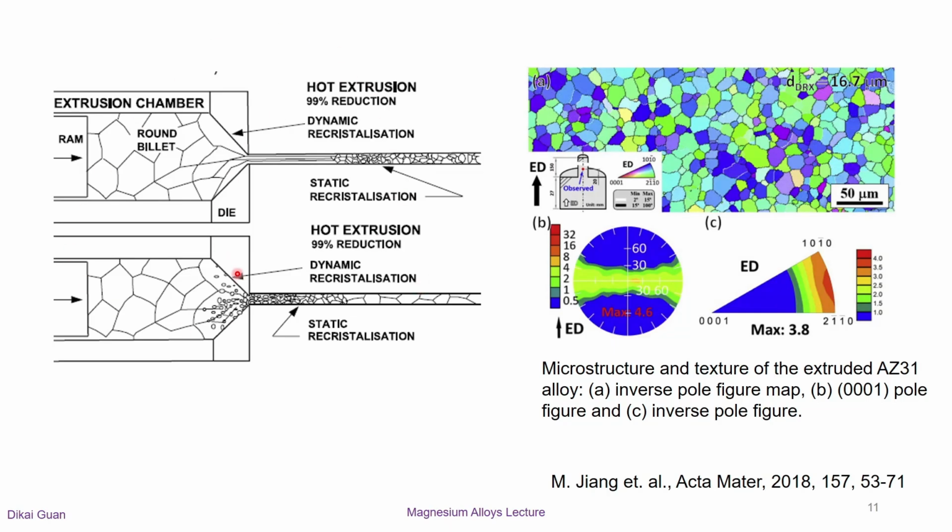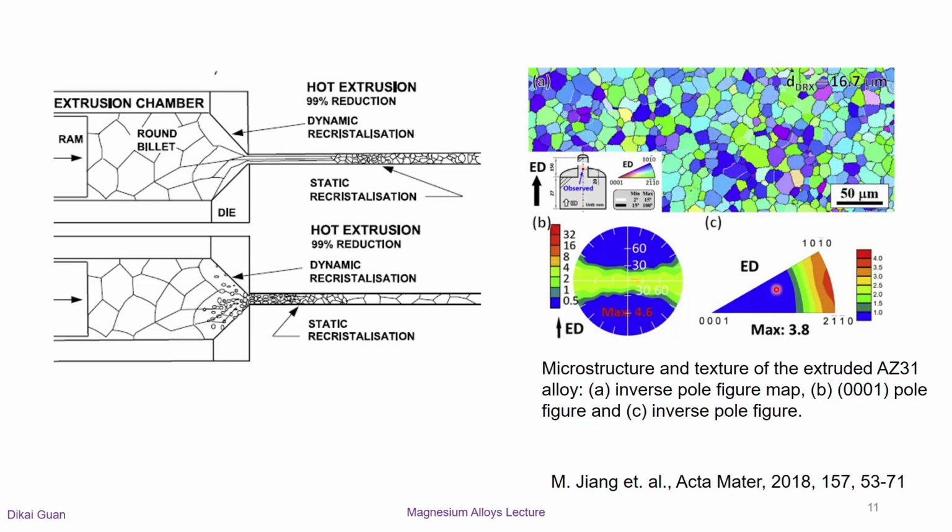More specifically, depending on working situations, sometimes dynamic recrystallization can happen in the chamber, and static recrystallization occurs at the exit of the mold, while sometimes static recrystallization was delayed. The right figure shows the microstructure and texture of an extruded AZ31 alloy.